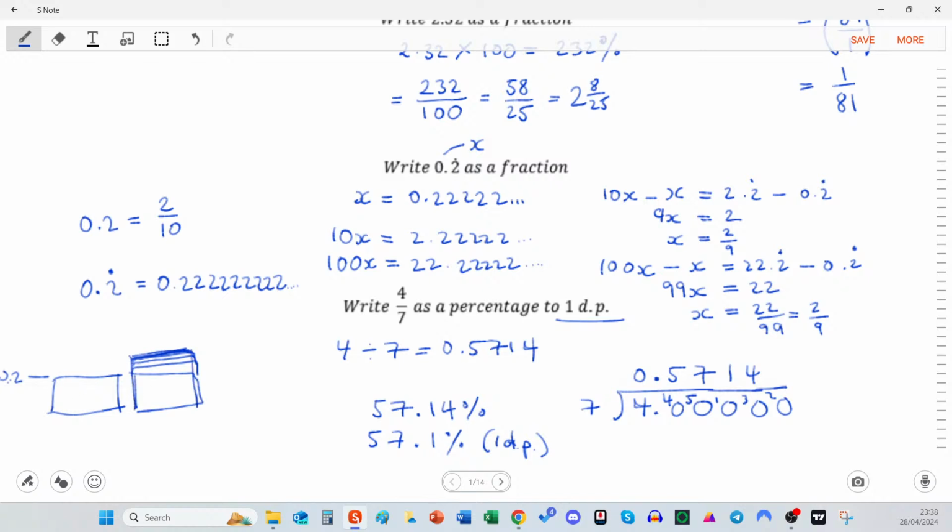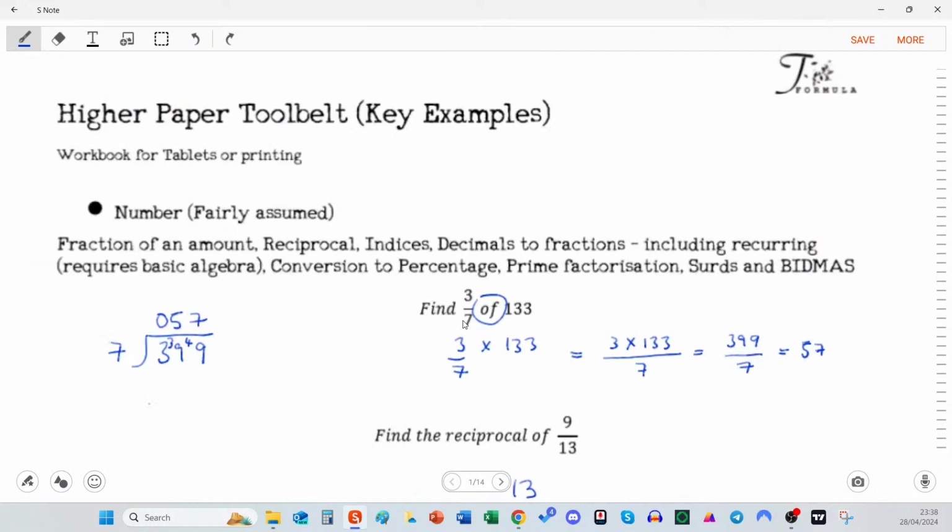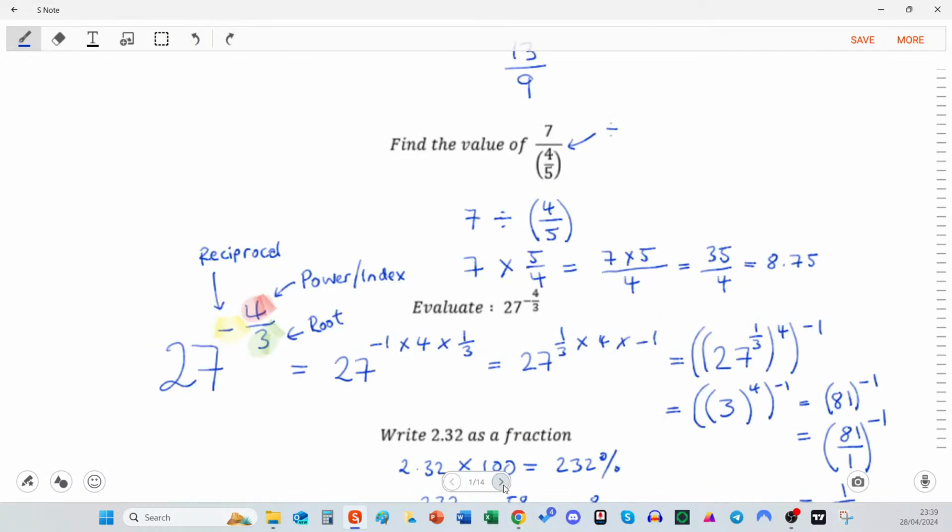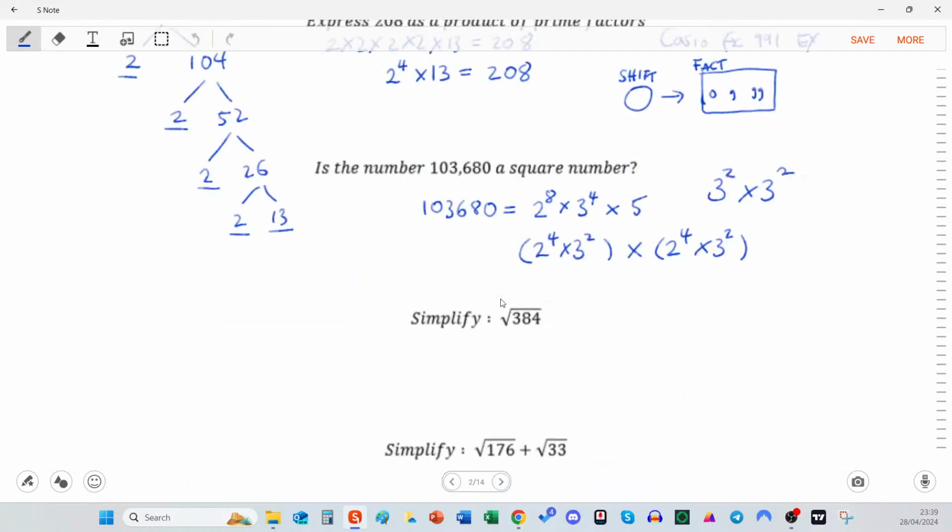But it's bigger than 0.2. So we have to deal with it using this special algebra method where we say it's equal to x, times it by 10, and then we do a little takeaway to find x in terms of a fraction. So hopefully that helps your question, Chris.